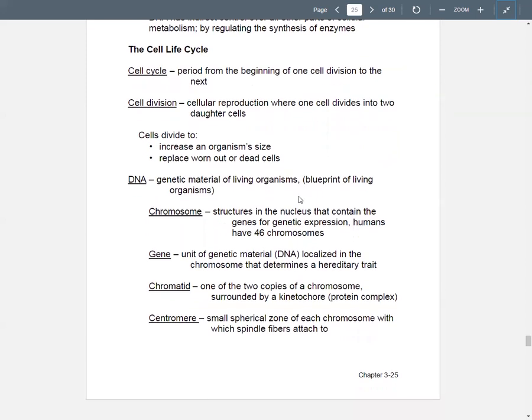So let's transition a little bit from the cell making RNA and protein to the cell reproducing itself in the cell life cycle. So the cell cycle is a period beginning from one cell division to the next one.